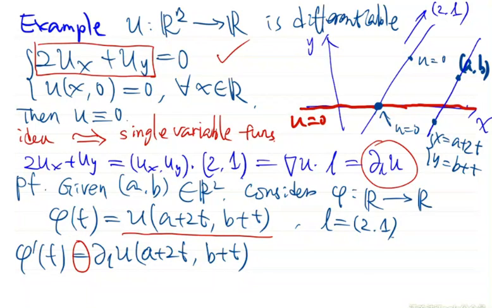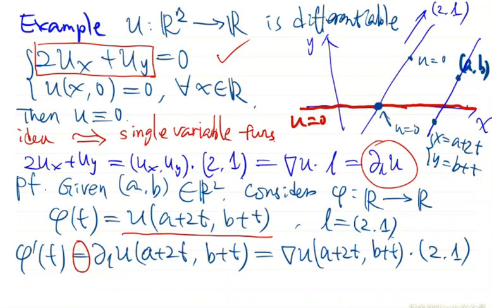Anyway, we have this equality. Now the directional derivative of u in the direction of L is the inner product of the gradient and L. So this is the gradient of u at the point (a plus 2t, b plus t), and L. L is (2, 1), and the gradient is (ux, uy).